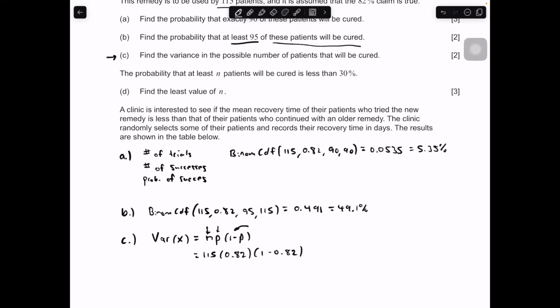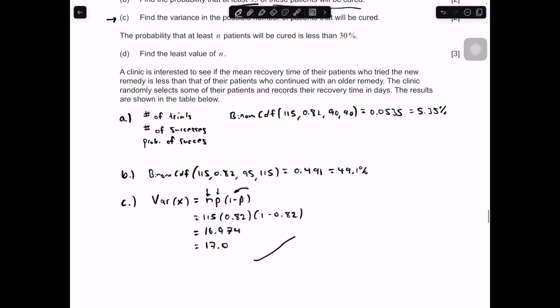I'm just going to type it in here rather than bringing up the calculator screen. 115 times 0.82 times 1 minus 0.82. Variance is equal to 16.974, or 17.0 to 3 sig figs.